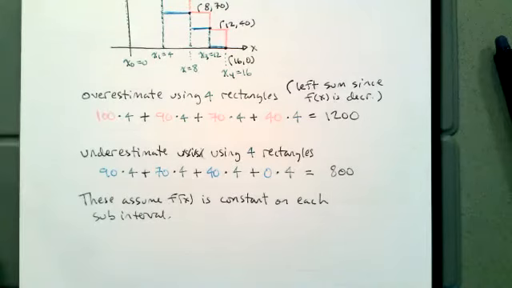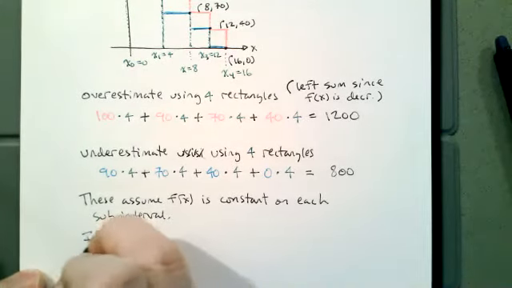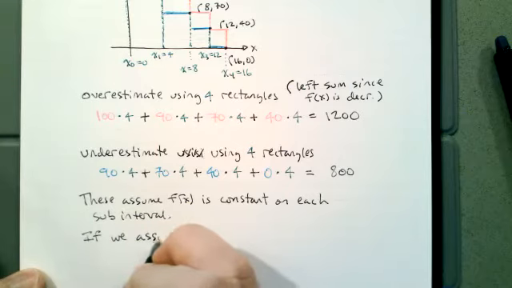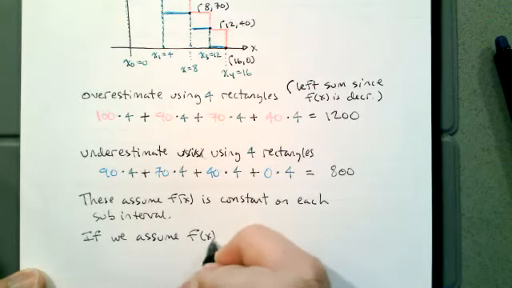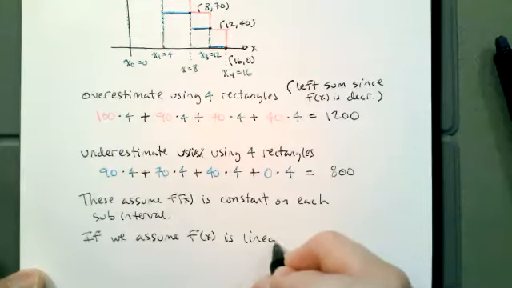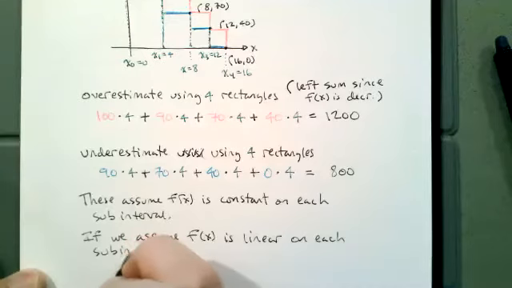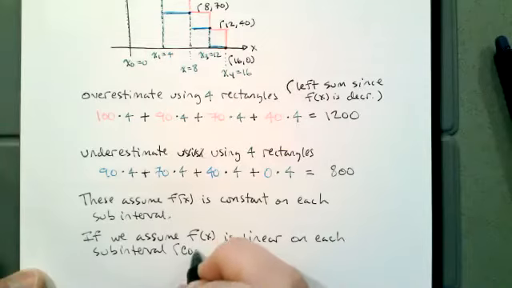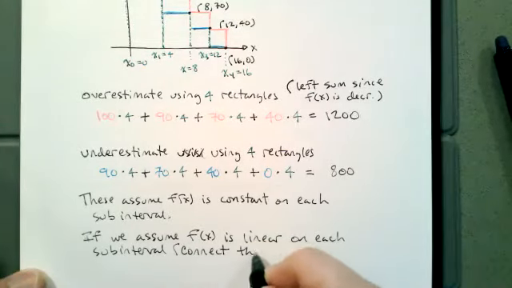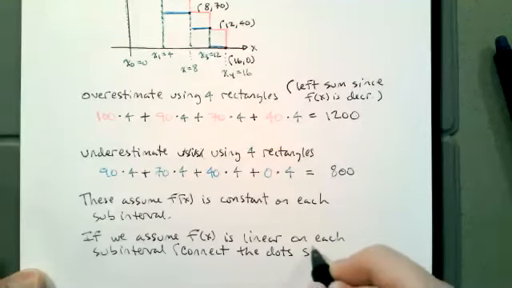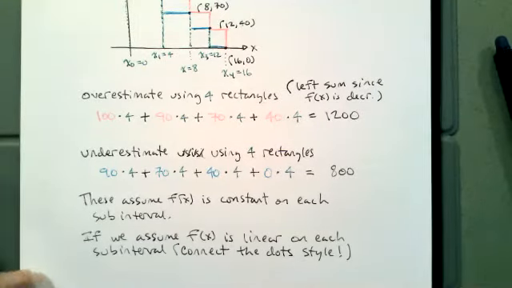So if we assume f of x is linear on each subinterval, connect the dots style, so if we just connect the dots with a line, that's assuming that f of x is linear on each subinterval, then 2 things happen.